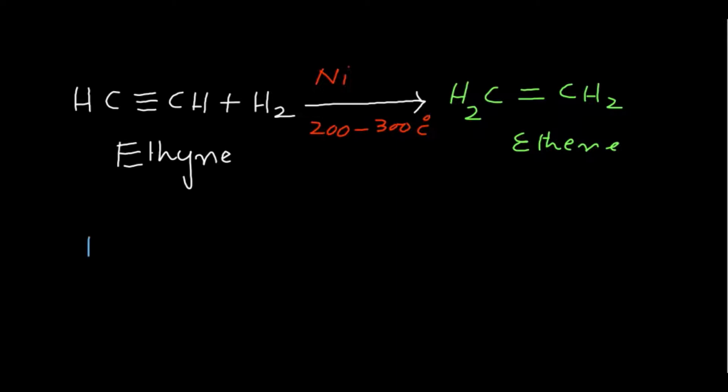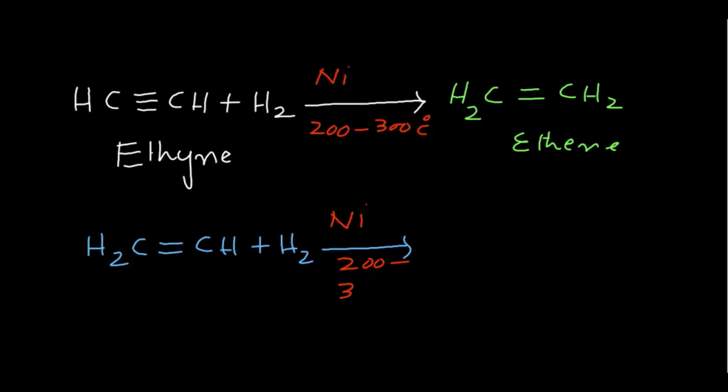Now if you want to get ethane from ethene, we further continue the process of hydrogenation. We will write the molecule of ethene, CH2. Again hydrogen is needed for the hydrogenation and here we have nickel as a catalyst, and the range of temperature is 200 to 300 degrees centigrade.